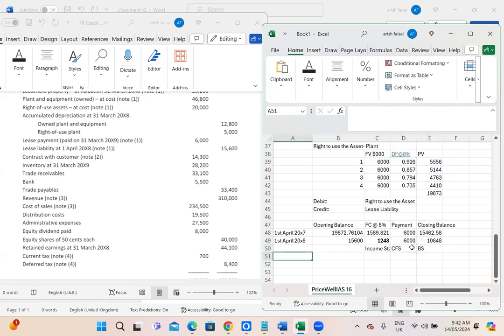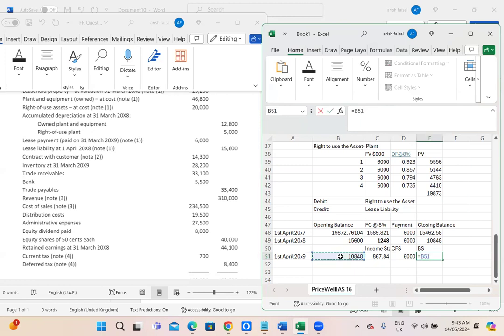But I just need to do it for the next year so that I can figure it out. I can separate it between my current and non-current liability. So again, you have to bring this 10,848 here. You charge the interest again, which is at 8%. Then you do a payment of 6,000, and then you will get the closing balance.